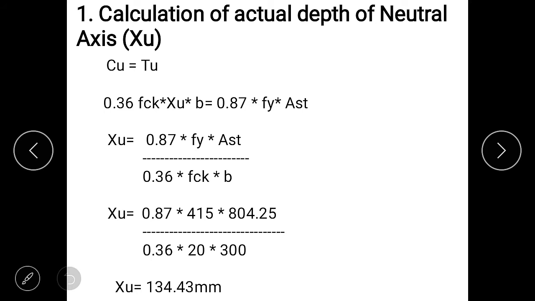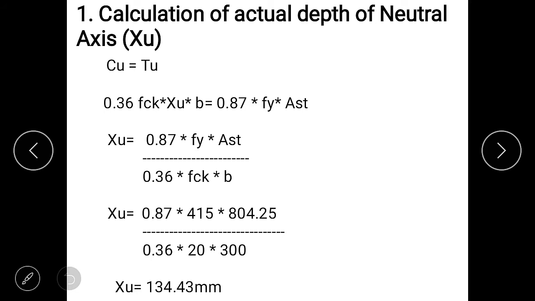Before solving all the numericals, we have to find which type of section we are considering: under reinforced section, over reinforced section, or balanced section. So before calculating Mu, we have to find the section type.